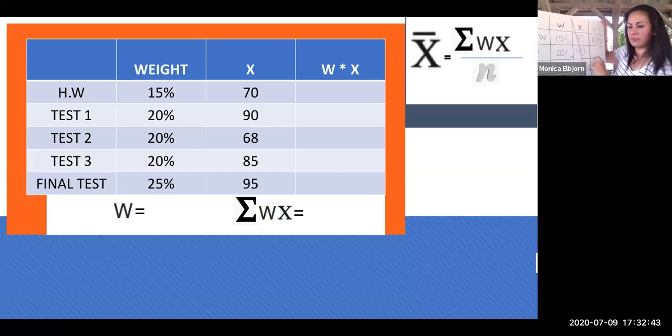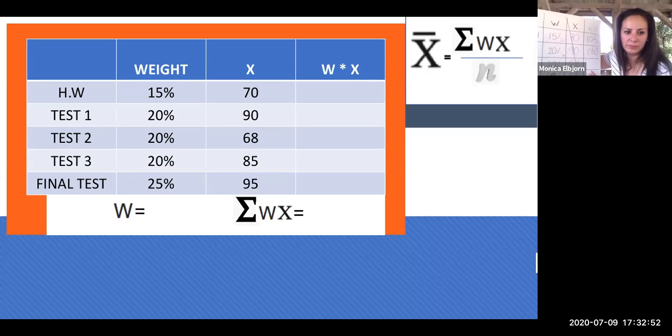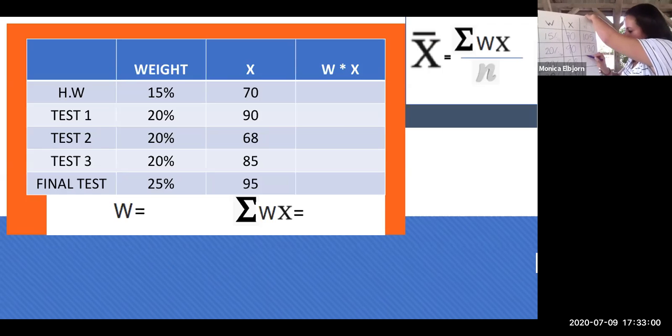And then what about your 18? Very good, 18.0. Next one, 13.6.